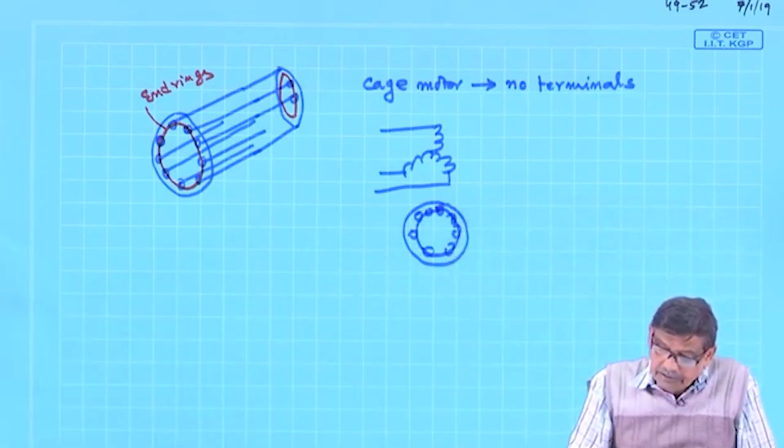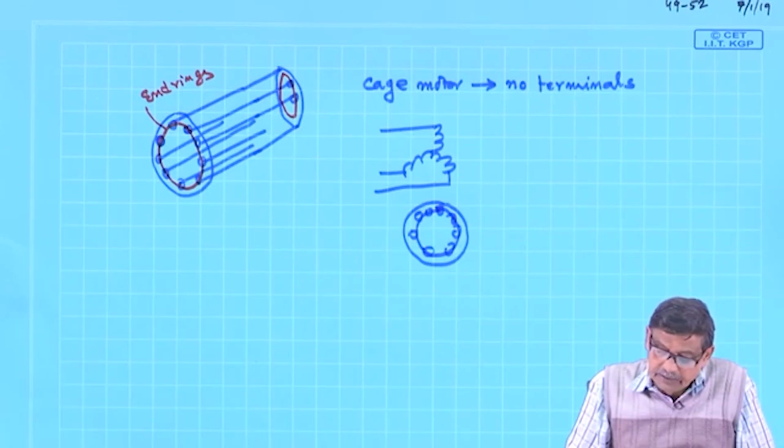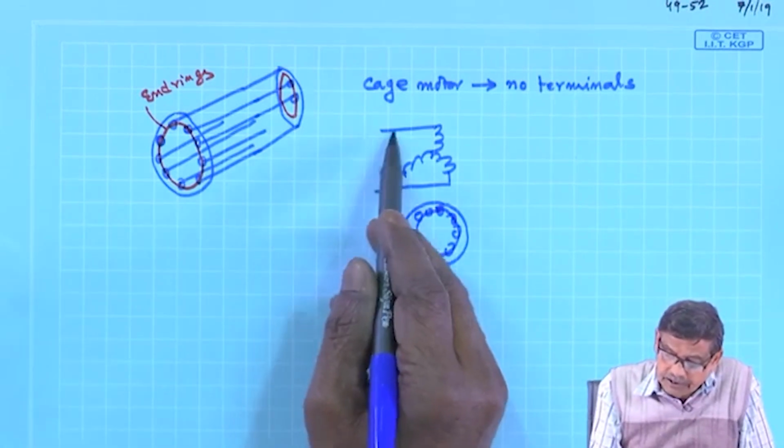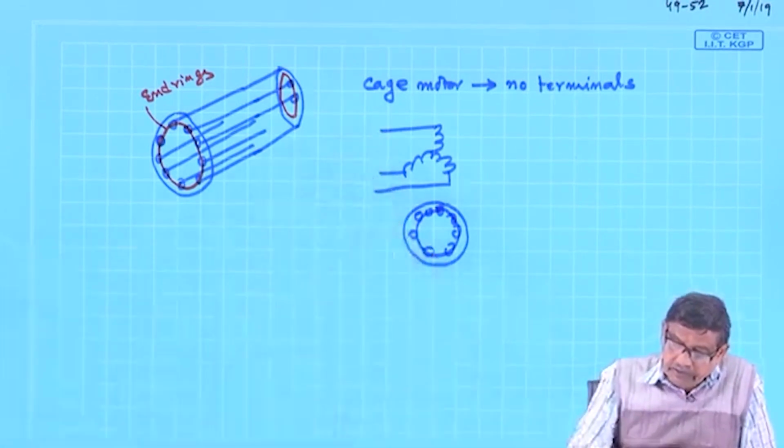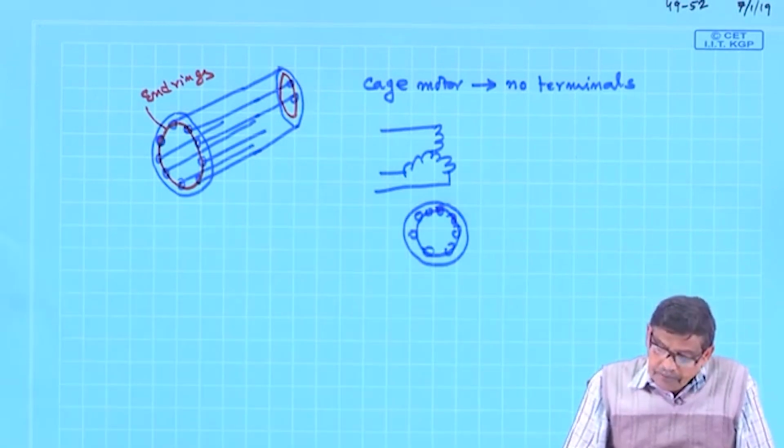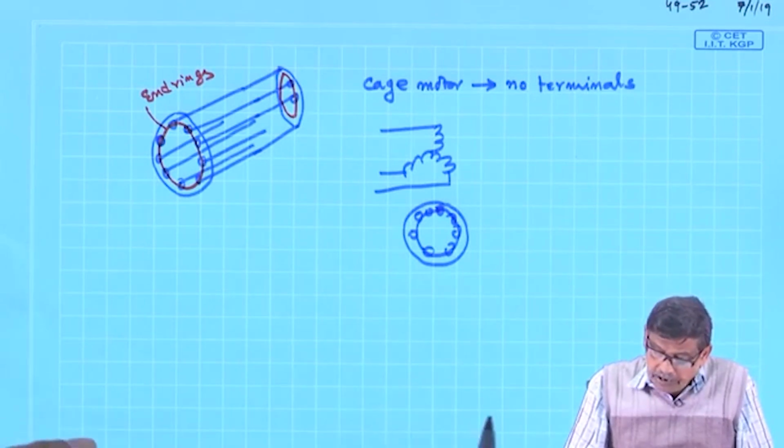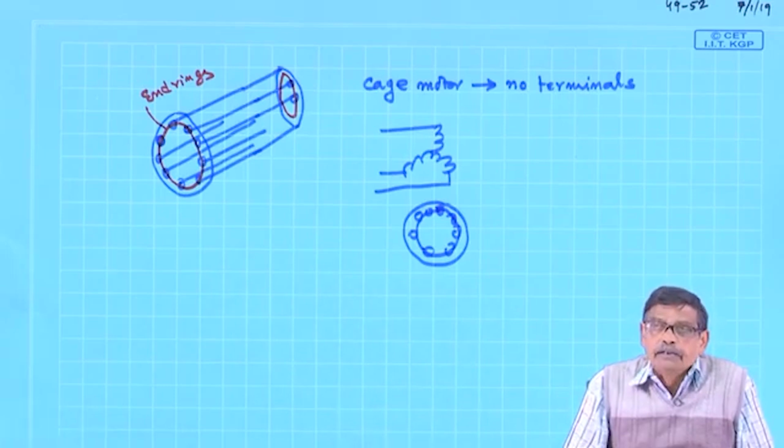Now, as an observation I was telling you, if you supply the stator coils, you will find the rotor starts rotating. Now, the question is how it starts moving.